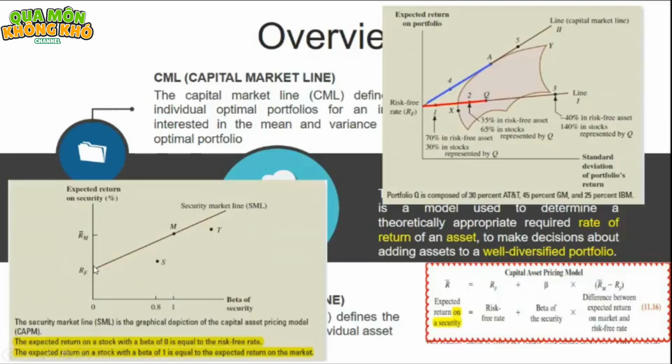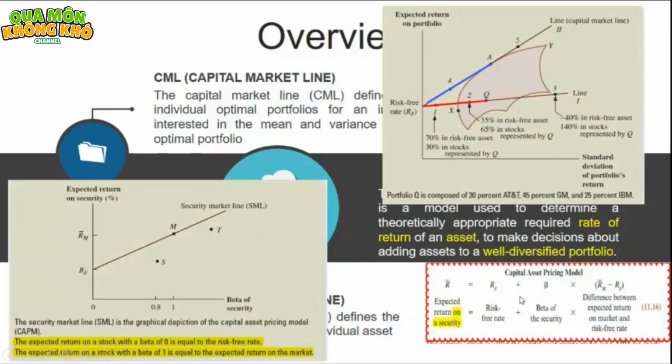You can see that it begins at the risk-free rate, which is the intercept, and goes right to this point, which is M, where the beta is 1 and the expected return on the security is the expected return on the market.